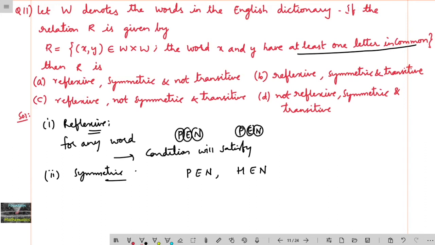We have 2 letters common, minimum one is there. And even if I consider HEN and PEN, just like A related to B and B related to A, HEN and PEN also have two letters in common. Anyhow, either A is related to B or B is related to A, they have something in common. So we can say this is symmetric also. It is reflexive and also symmetric.